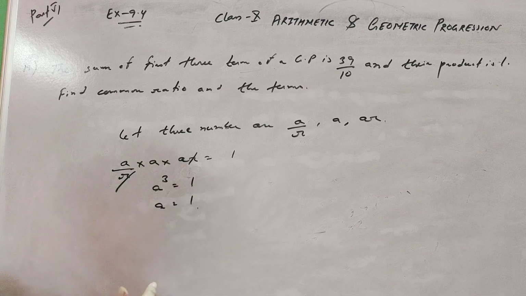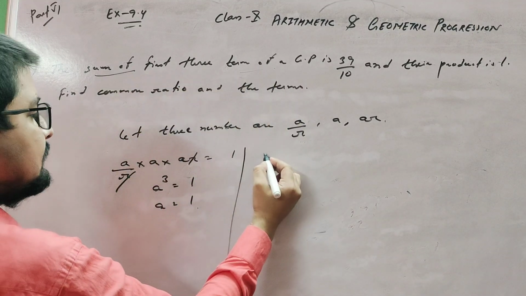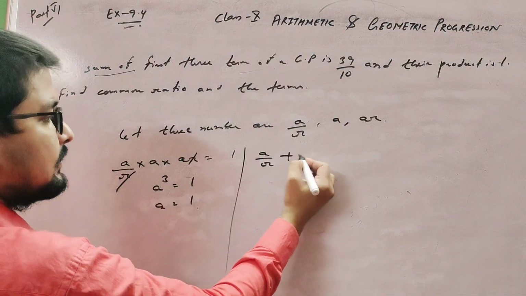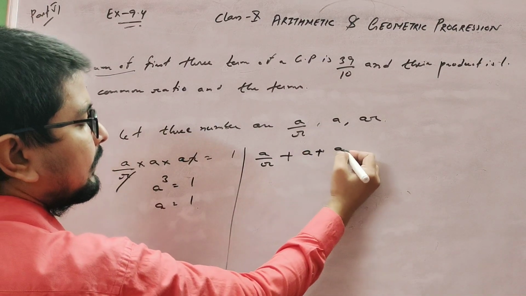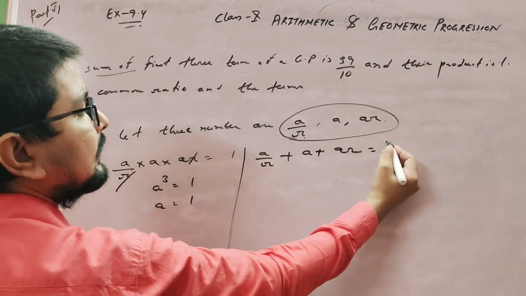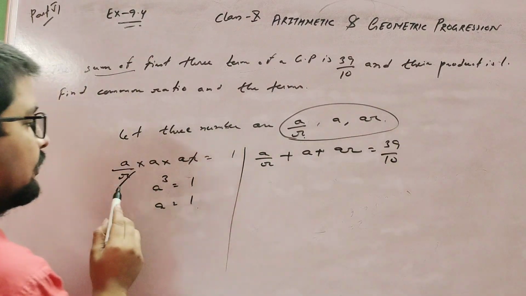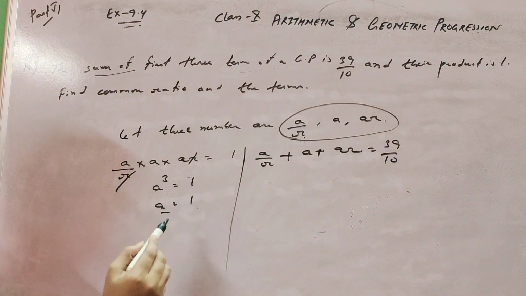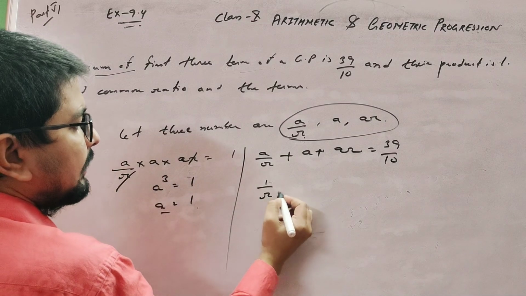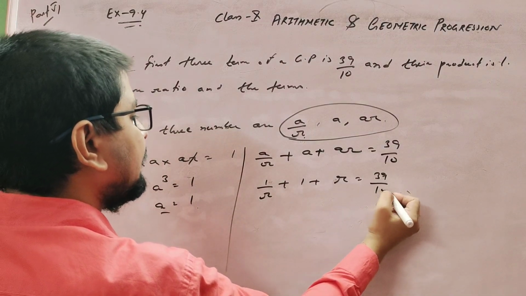Okay, now given the sum of the first three terms, that is A by R plus A plus AR, because the sum of these numbers is 39 by 10 and the product of these three numbers is 1. So using this and the value A equals 1, that is 1 by R plus 1 plus R equals 39 by 10.